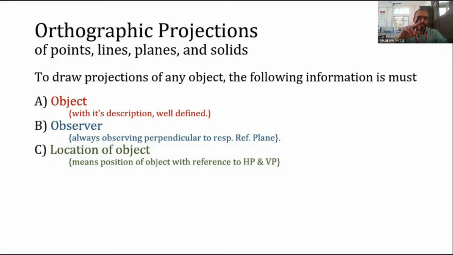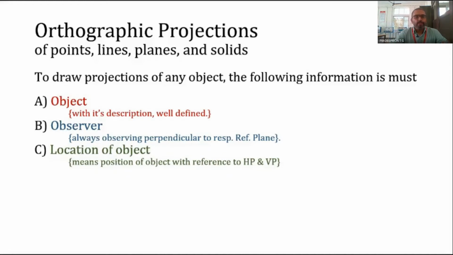The second condition is the distance between the HP and the object, the distance between the VP and the object, and the angle, if it is a line, plane, or solid. In points, the angle is not of importance, but in lines, planes, and solids, the angle a line or plane makes with the reference plane is also important. So that defines the location.